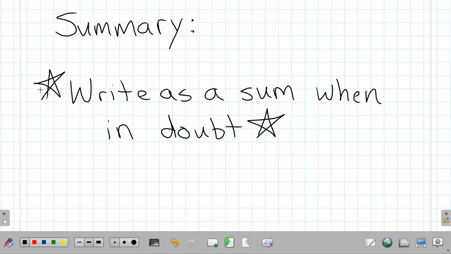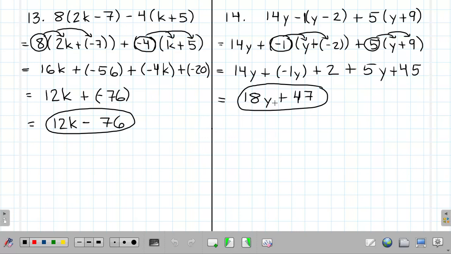We need to know how to simplify expressions so that when we do get into the instances where we need to solve equations or inequalities or graph equations, graph functions, it's a lot easier to graph something that looks like 18y plus 47 than it is to graph something that looks like 14y minus, in parentheses, y minus 2, close parentheses, plus 5, parentheses, y plus 9, close parentheses.